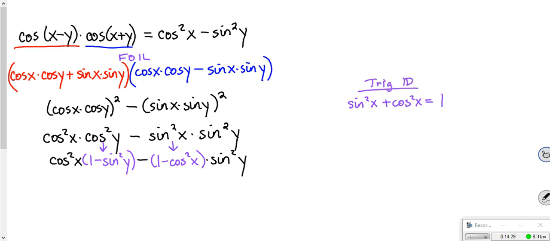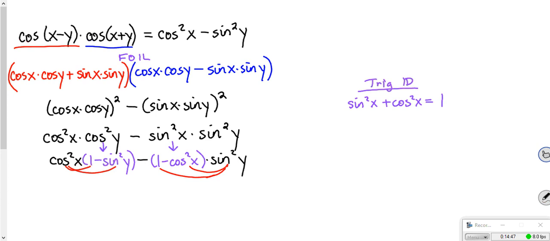And then I have to distribute. If you remember, I've got to distribute this to both of those terms, and I've got to distribute this to both of those terms, along with the negative. Don't forget the negative on the second one.